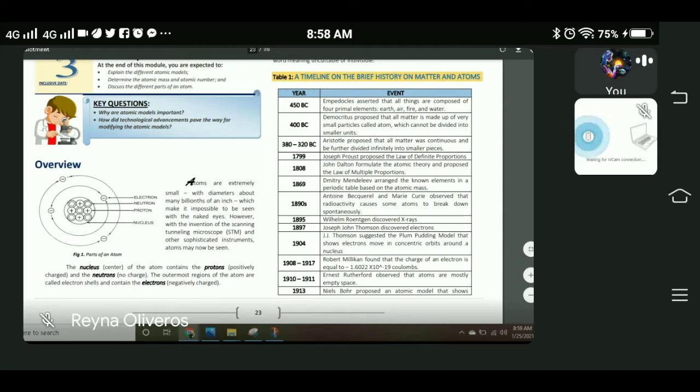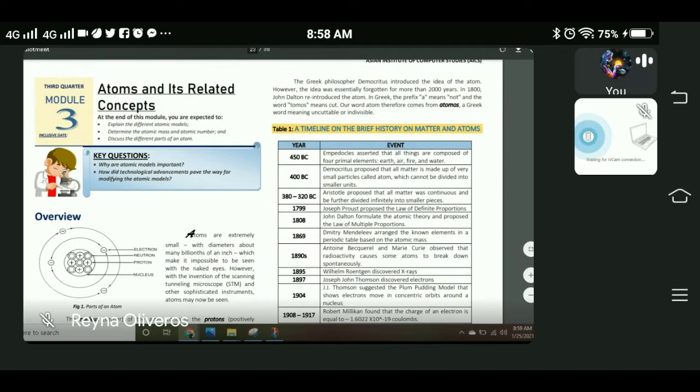with negative charge. The Greek philosopher Democritus introduced the idea of the atom. Again, Democritus is a Greek philosopher who first gave an idea about the atom.